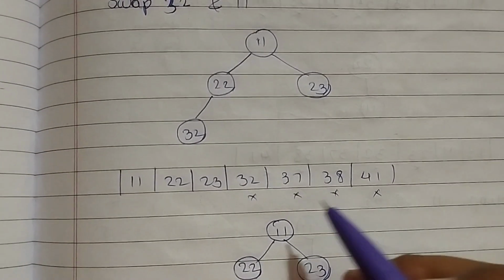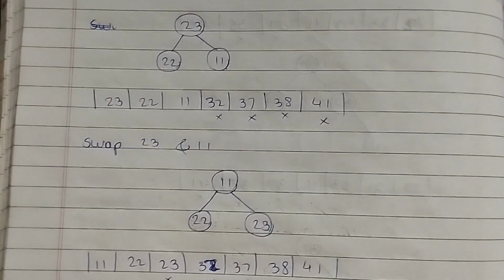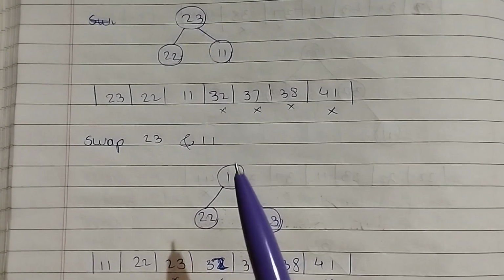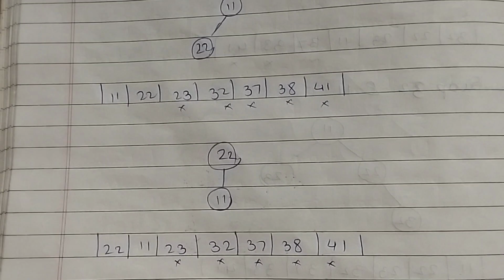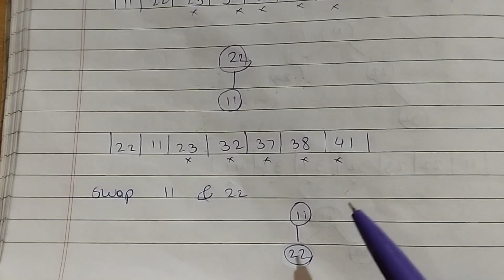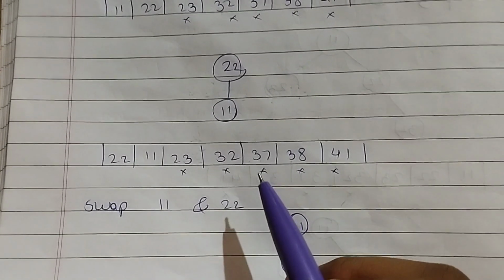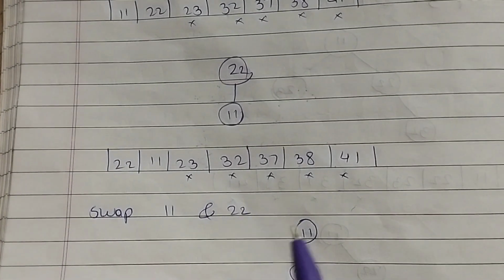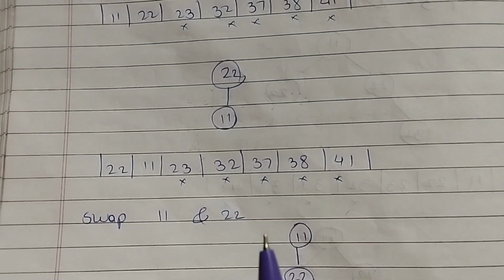So at the end only 3 elements are remaining here. When we swap those elements, then at the end we get only 2 elements, which are already sorted. So in this way we sort the given input. I hope you get the idea about this.